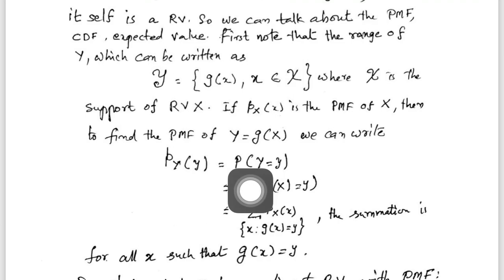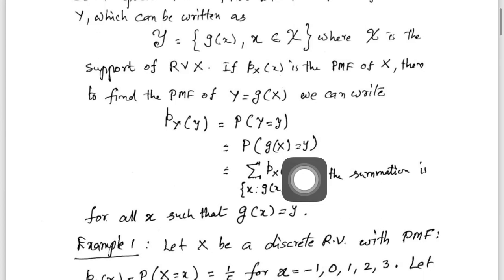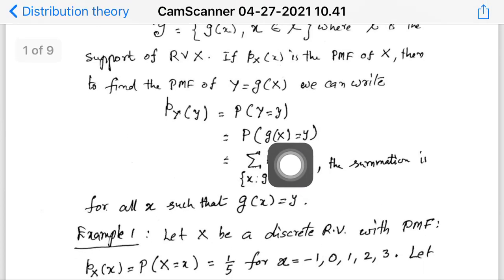It is equal to the probability that Y takes the value y. Y is g of X, so it is the probability that g of X is equal to y. And this is only the sum of all probabilities for which g of X is equal to y.